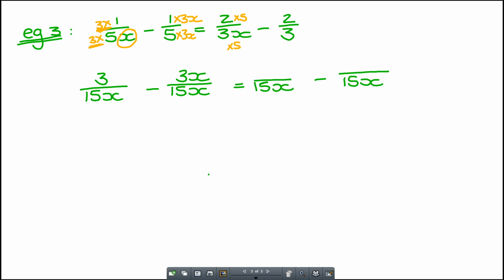But second term, the denominator only had a 5. So I had to multiply with 3x to get that 15. And when I multiply with 3x here, I also have to multiply with 3x at the top. And 1 times 3x will give me 3x.